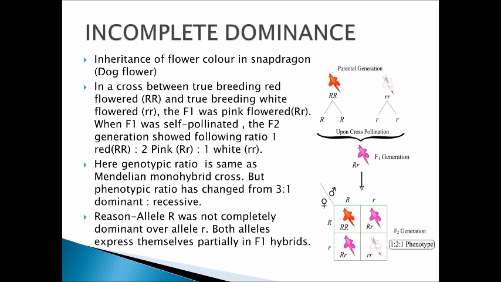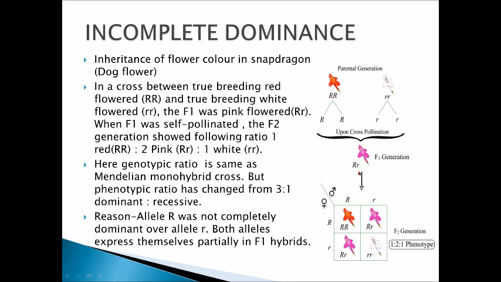But here, why are we getting pink flowered plants in the F1 generation? This is because here the capital R gene is not completely dominant over the small r gene, which is for white color. Because of that, both the alleles are expressed and we get pink colored flowers, and the genotype of these flowers is Rr.